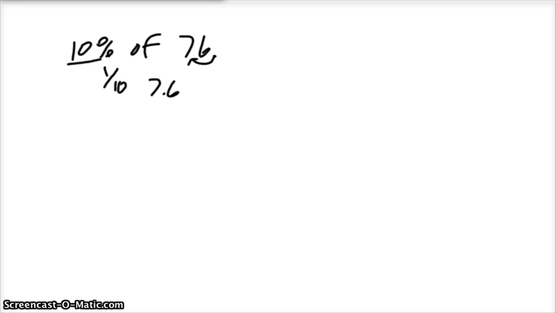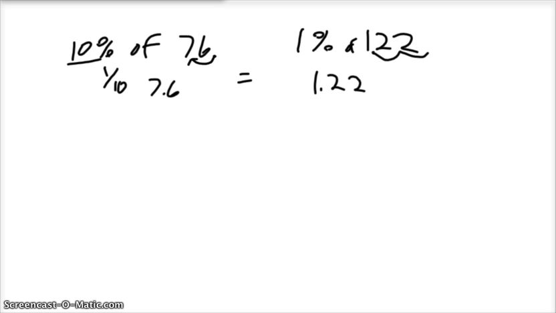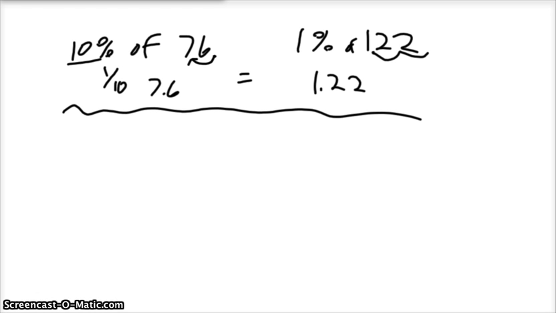The same thing is true if you just see 1%. So our next example is 1% of 122. If we talk about 1%, we move our decimal place 2 places. So we get 1.22. Okay. So there's 10%, 1%. That's the easy, quick way to do that all in your head. So you don't have to write anything down. Hooray! Give me a round of applause.